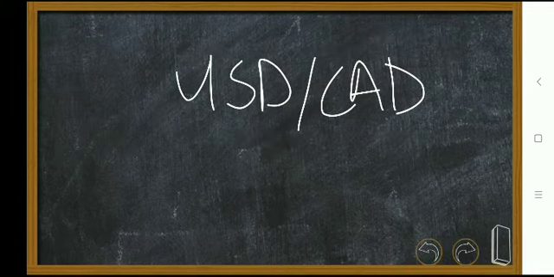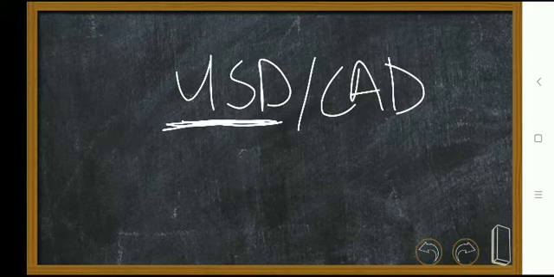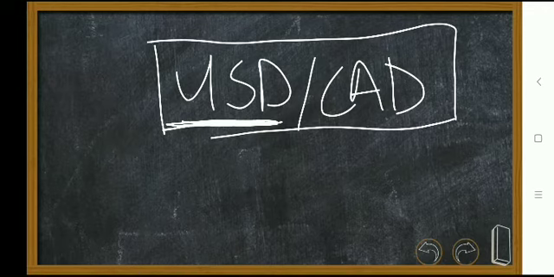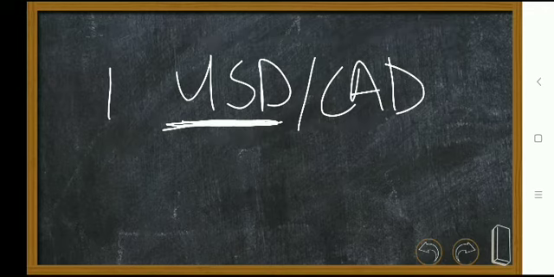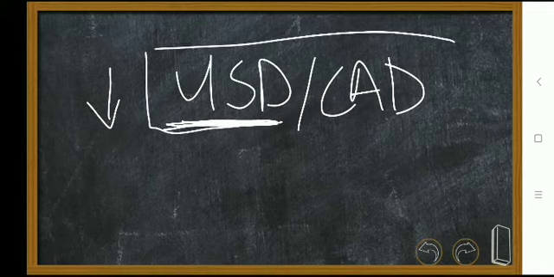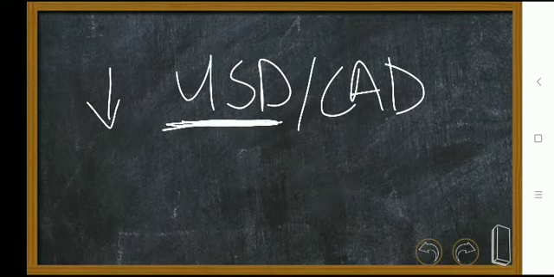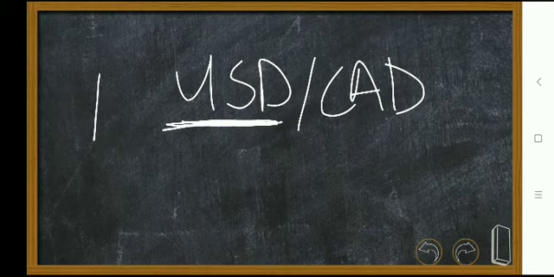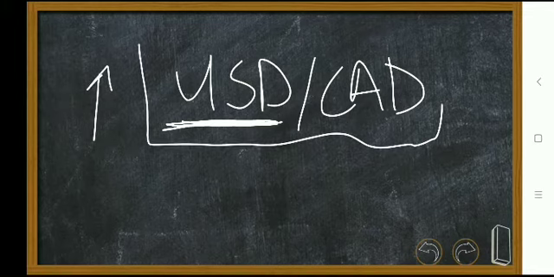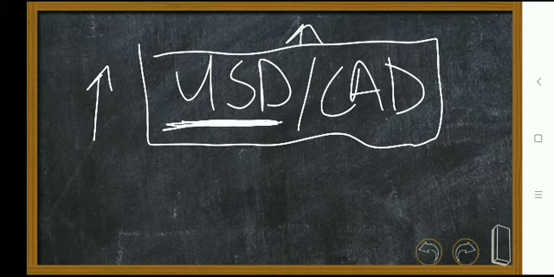Hope I'm making sense. Because USD is the base, its movement is the movement of the entire pair. If it goes down, the entire pair goes down, and if it goes up, the entire pair goes up.